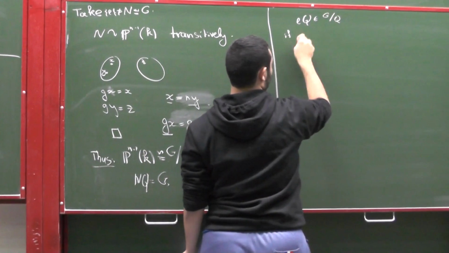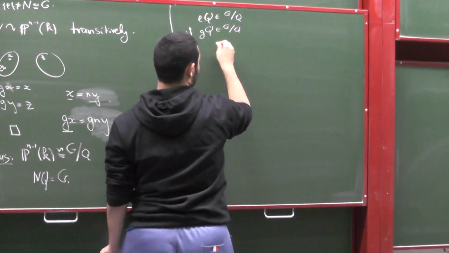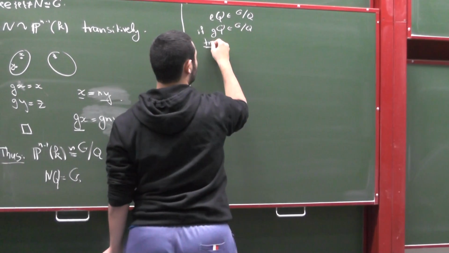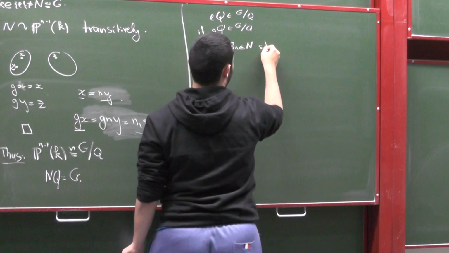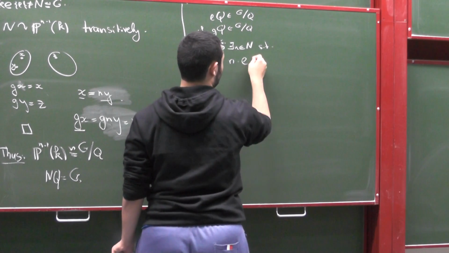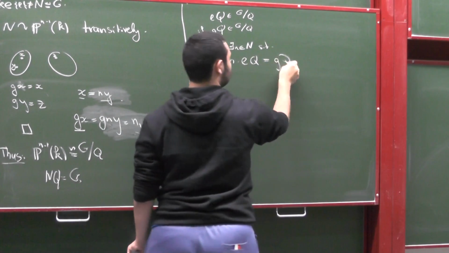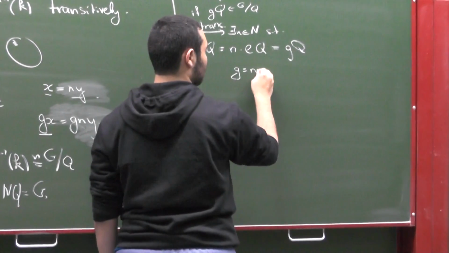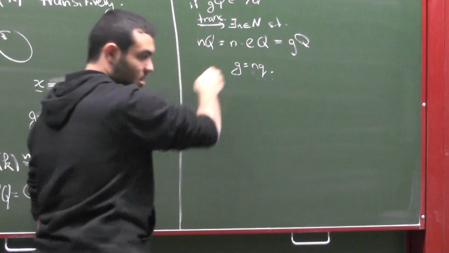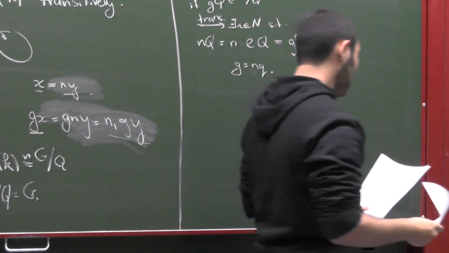And if we take some general point gQ in G mod Q, then transitiveness means we find some n such that n times eQ, which is nQ, is gQ. So g is, up to something in Q, the same as n.